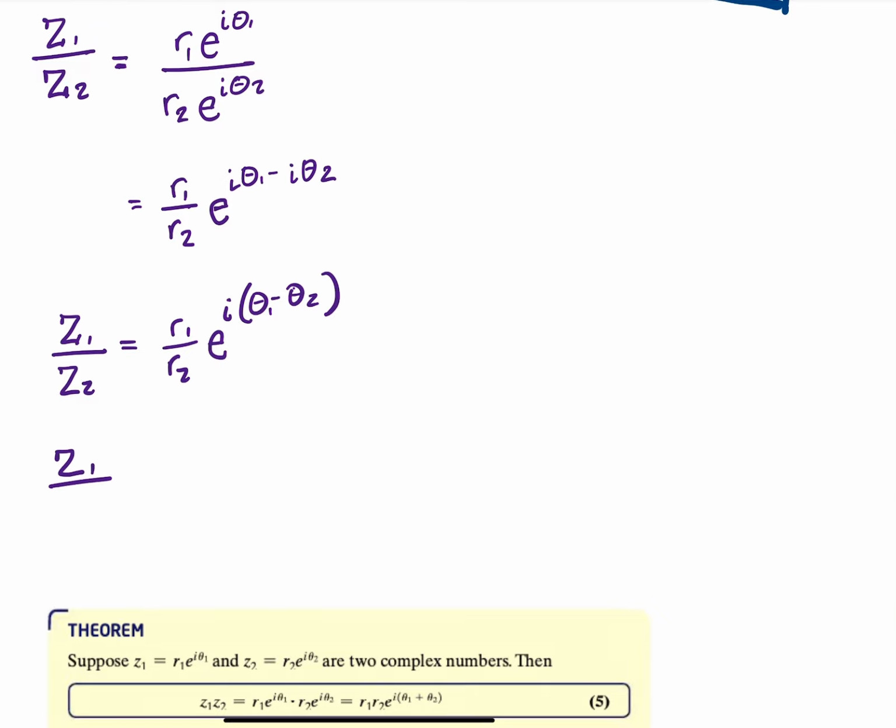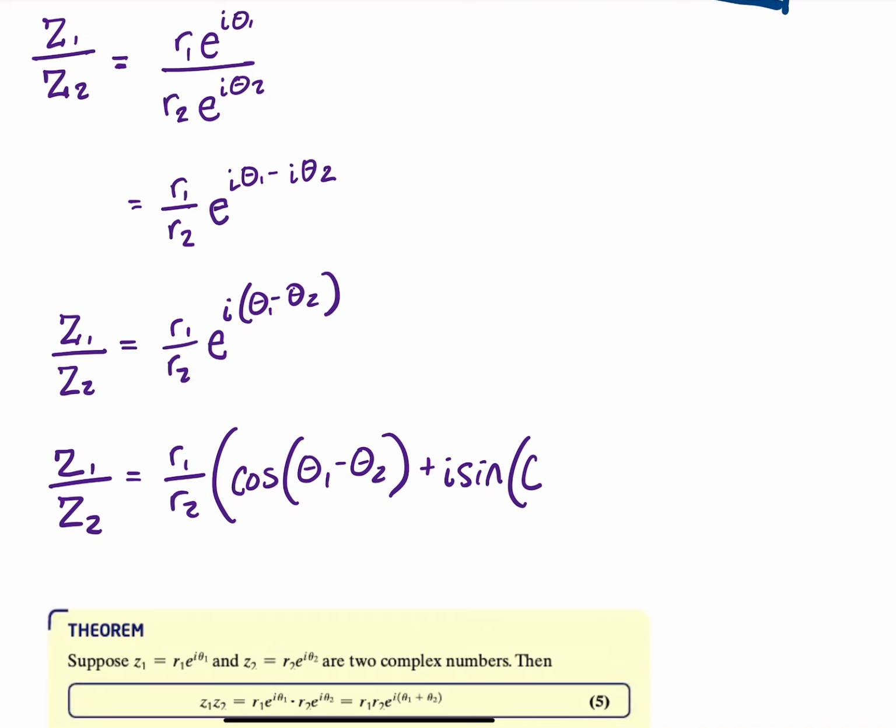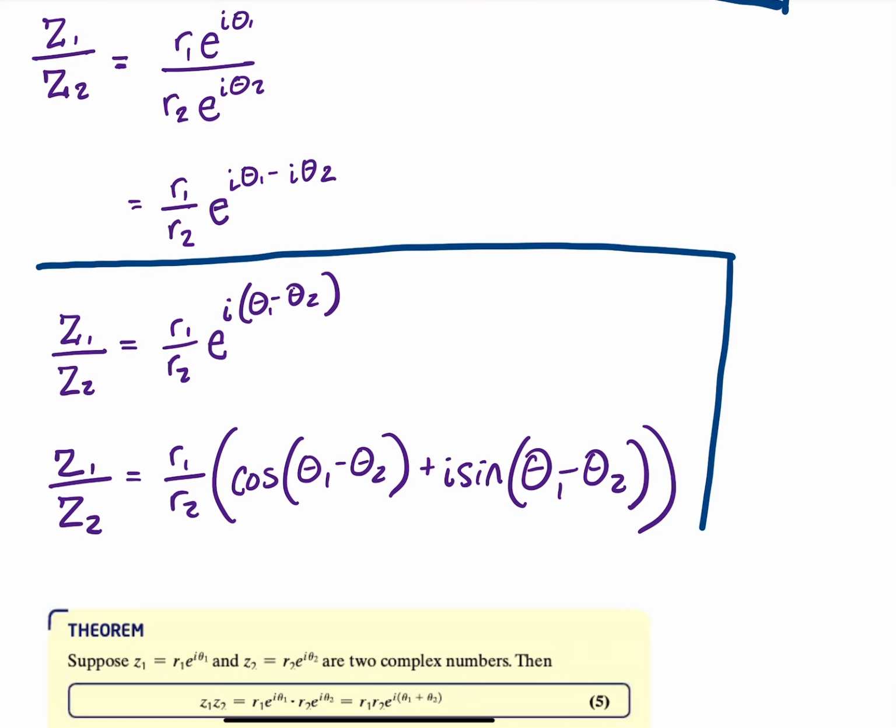So z1 over z2 will equal r1 over r2 times the cosine of the difference of the two angles, theta 1 minus theta 2, plus i times the sine of the difference of the two angles, theta 1 minus theta 2. So there's our exponential and polar form of a division of two complex numbers.